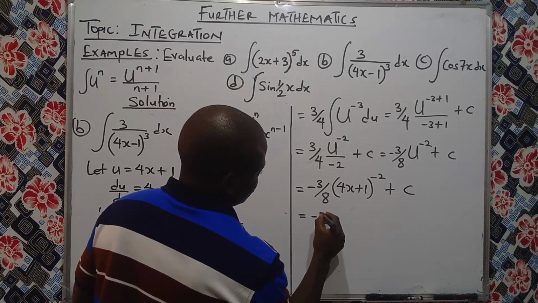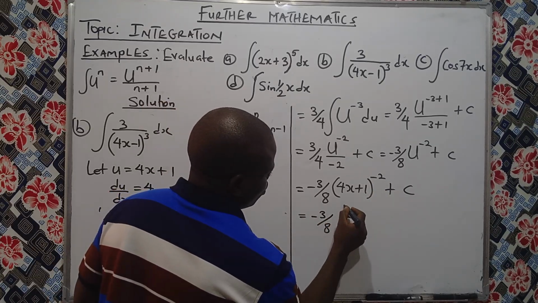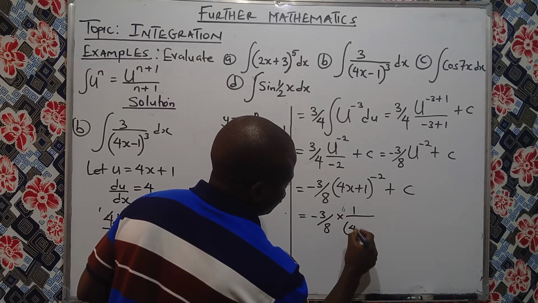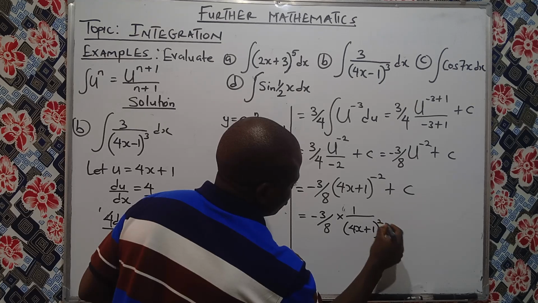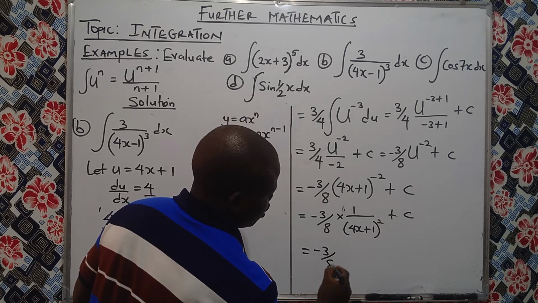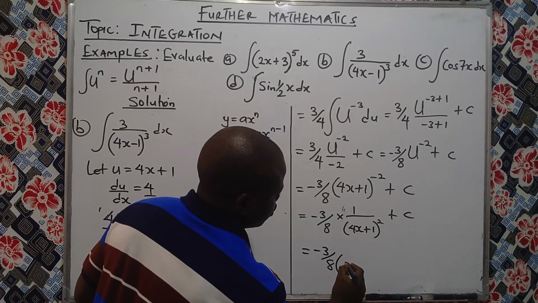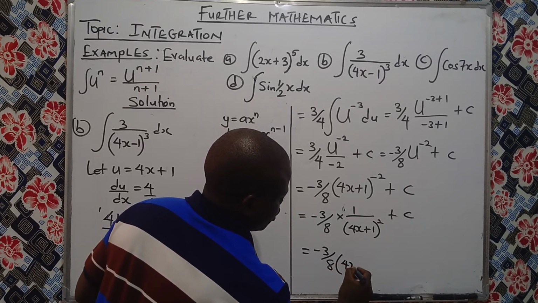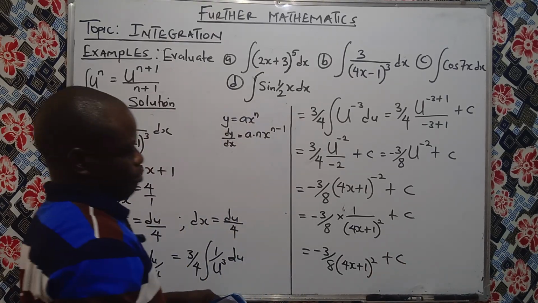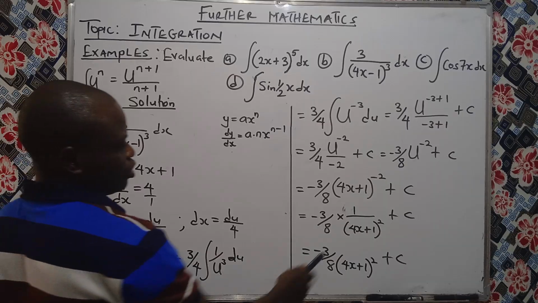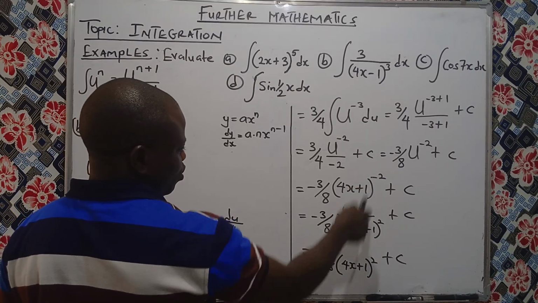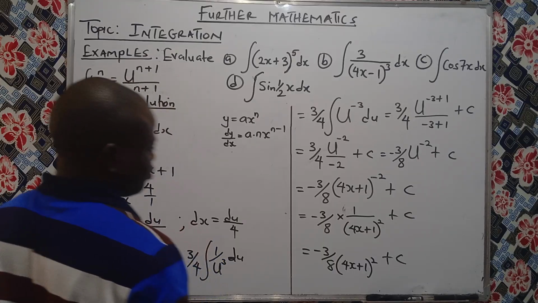It can be minus 3 over 8 times 1 over (4x plus 1) squared plus c, which equals minus 3 over 8(4x plus 1) squared plus c. When you introduce 1 over, the negative power disappears, but the 4x plus 1 comes down to the denominator.